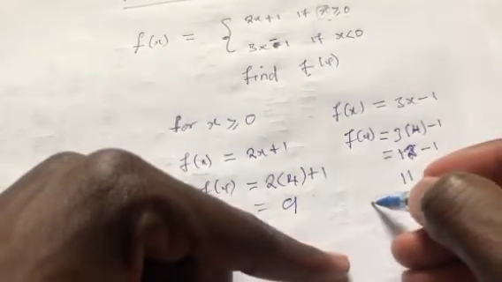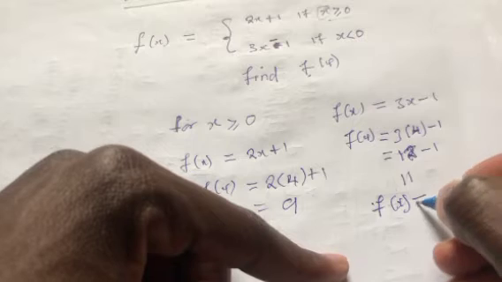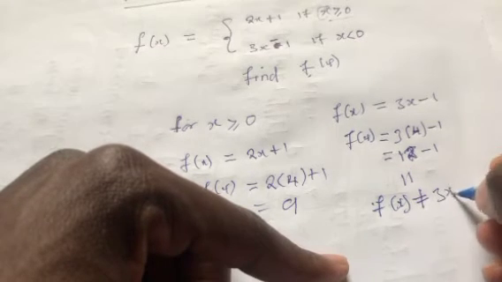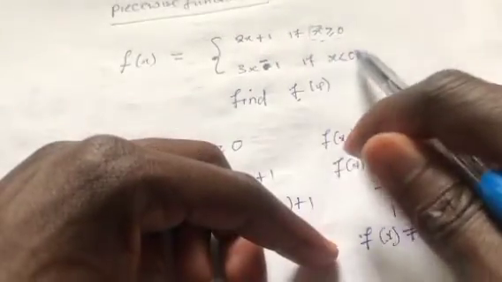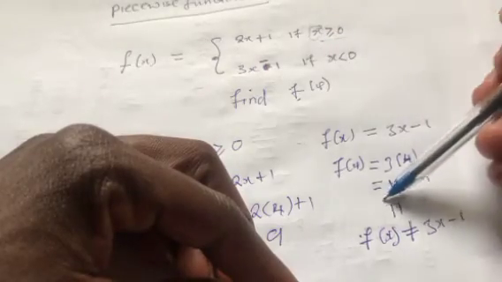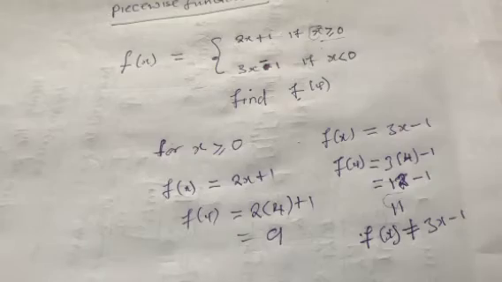Meaning that this function f of x can't be equal to 3x minus 1, or in other ways it is not showing that x is less than that. Reason being, if you plug in this, you are getting a number which is greater than 0, meaning that this function does not qualify.